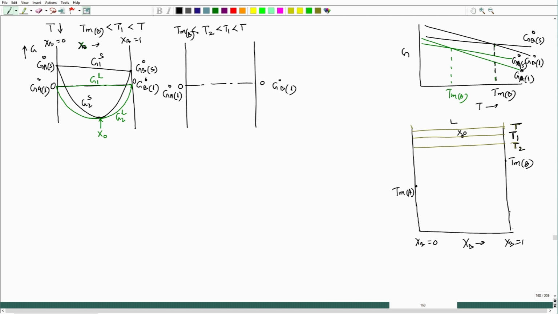Fine. So, that case this is perfectly fine. I can position G B naught solid and this will be G A naught solid, and I can draw the solid G1, this is G1 solid, and the liquid G1, this is G1 liquid. Now, if I plot, okay, this is the plot we will get.